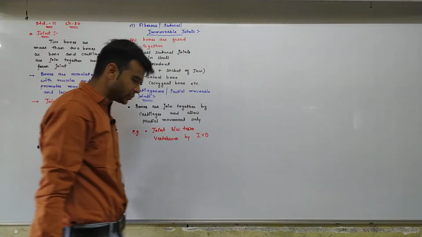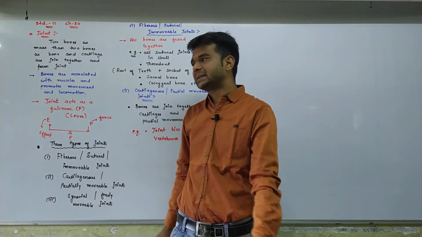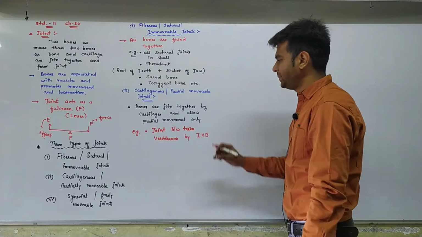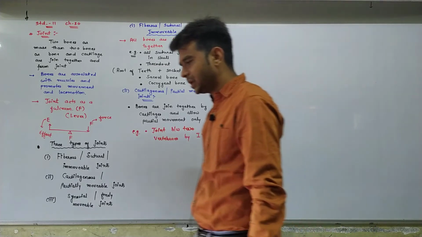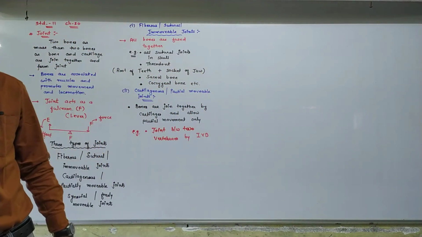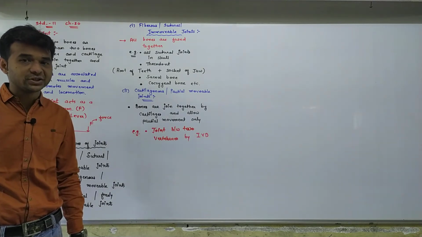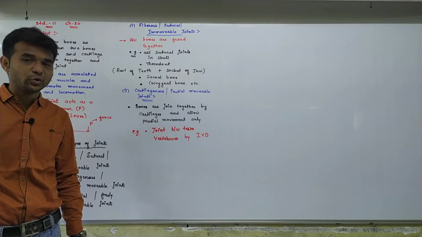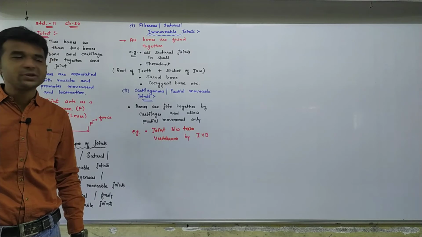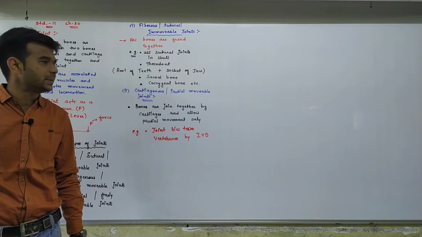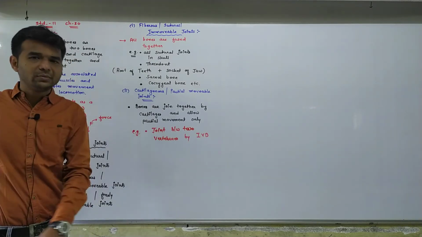The two vertebrae are joined together with the help of the intervertebral disc. The intervertebral disc is cartilage, and partial movement, a little bit of movement, occurs in the vertebral column. But each and every vertebra has limited partial movement, and together complete movement is formed. So partial movement of each vertebra allows the movement of the neck as well as the movement of the trunk.